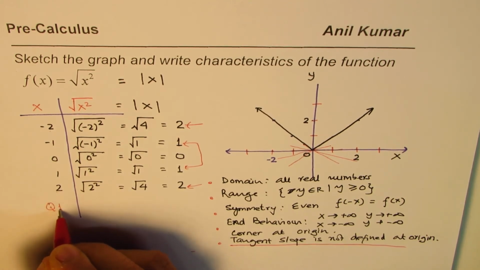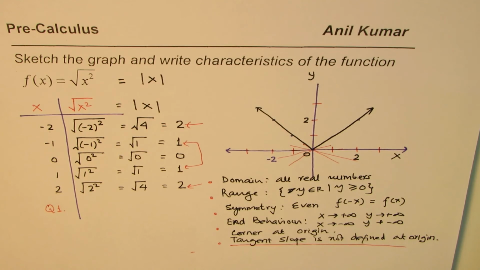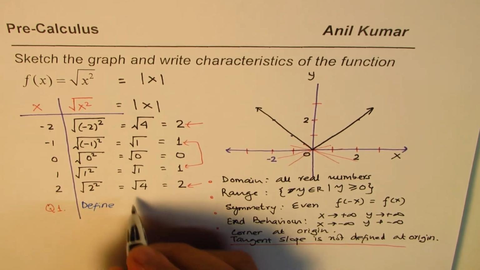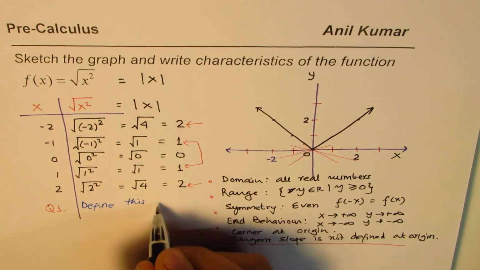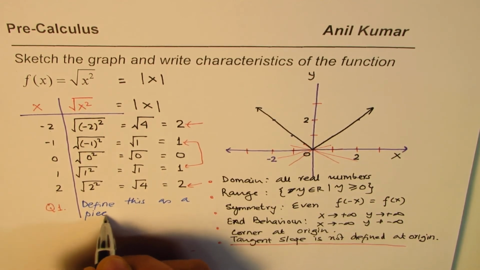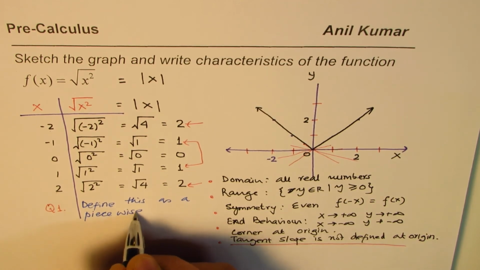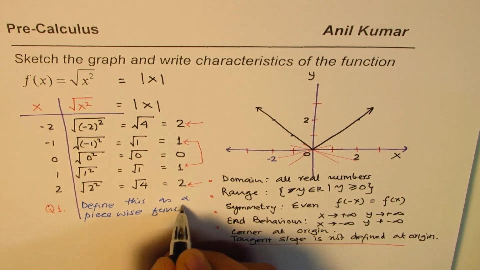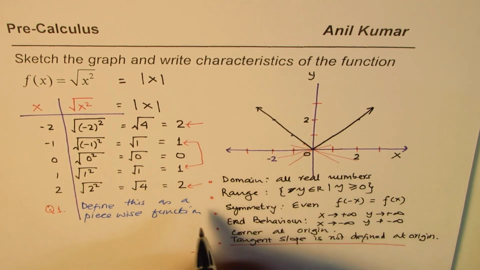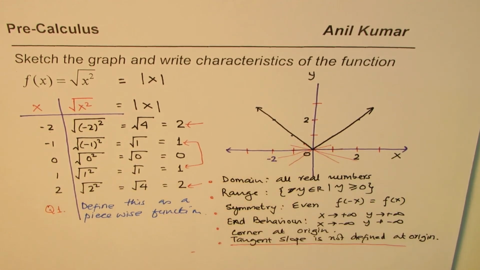So question 1 for you is define this as a piecewise function. You can see it's a combination of two linear functions. Do you see that? So it could be defined as a piecewise function.